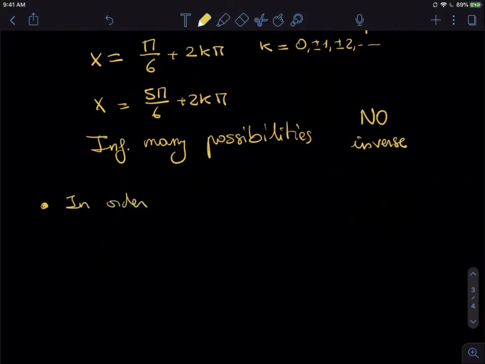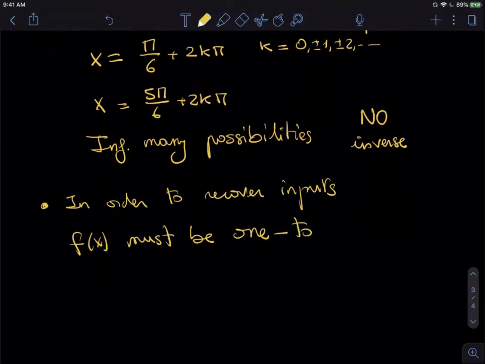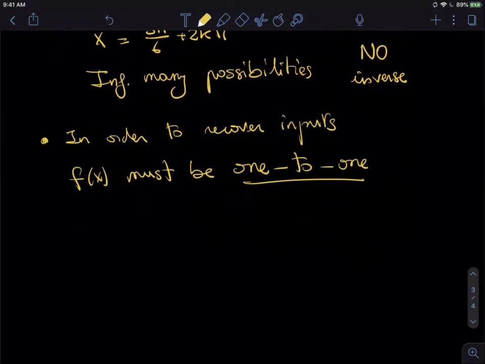In order to recover inputs, f of x needs to be what is called one-to-one. Okay. This means it must take different inputs to different outputs.